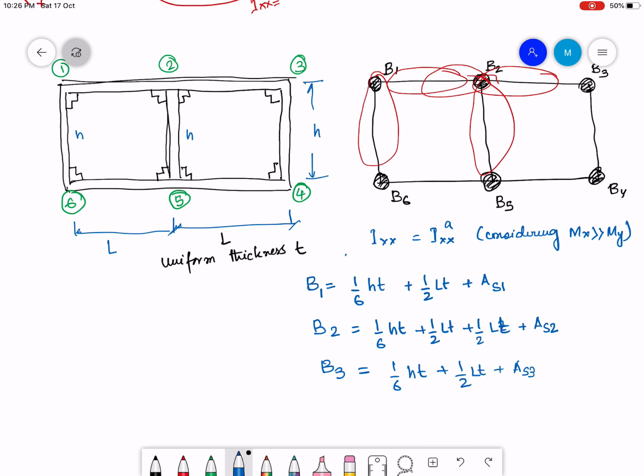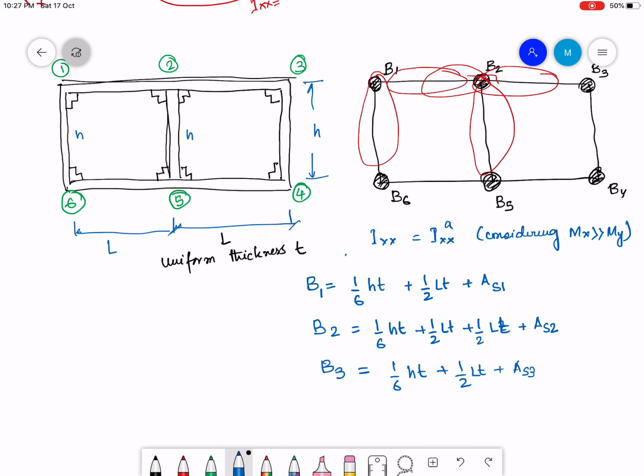Pretty straightforward. Exactly the same logic that we used for the earlier problem, that Ixx should be equal to Ixx_a because Mx is predominant, and by equating this we get the expression for the area of the booms.